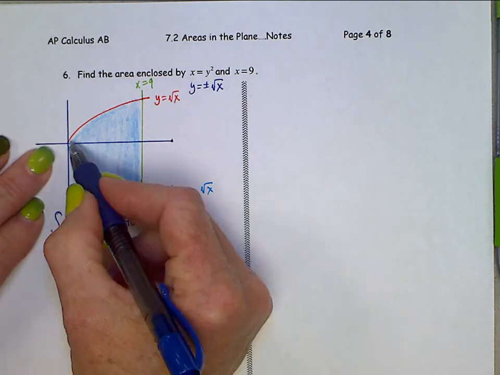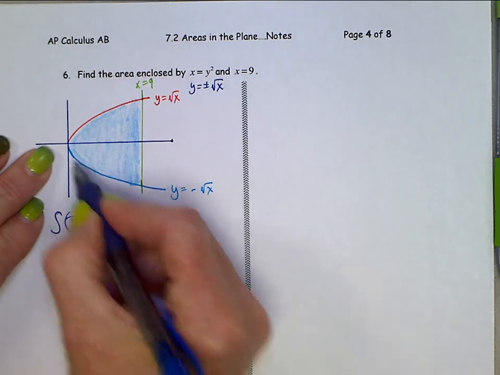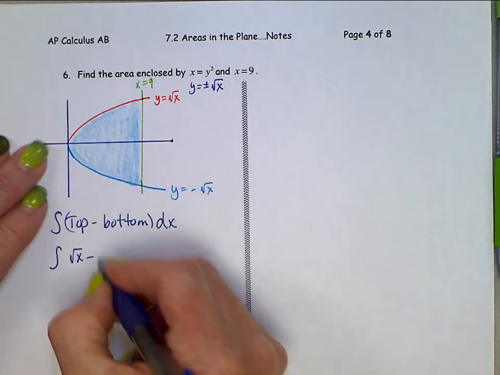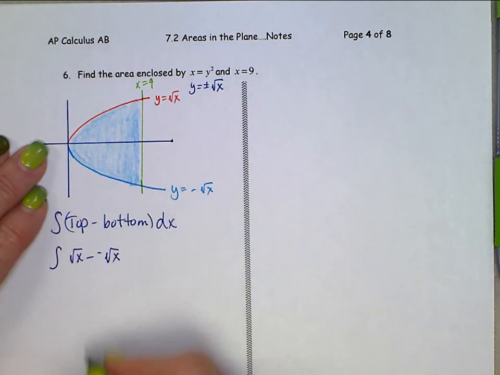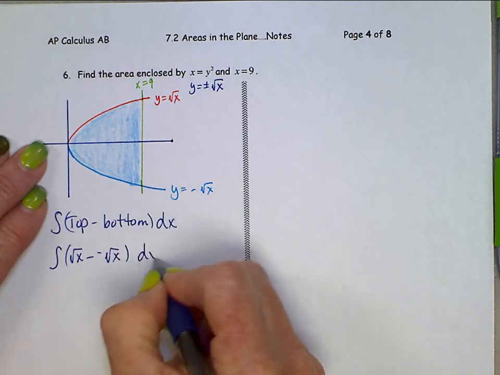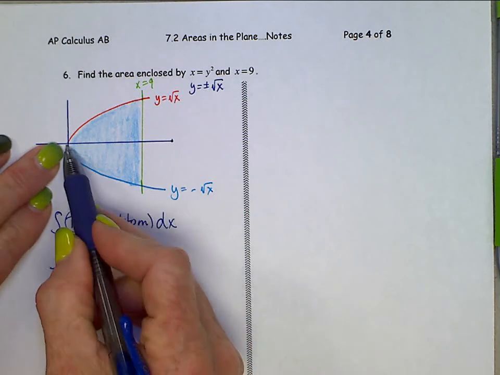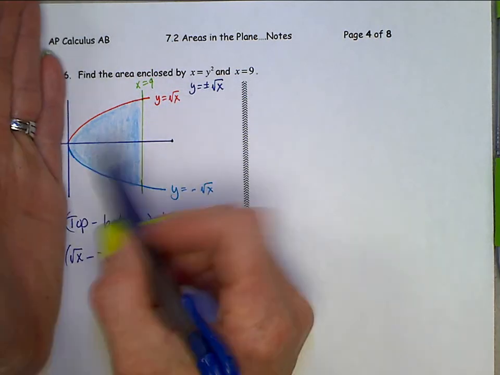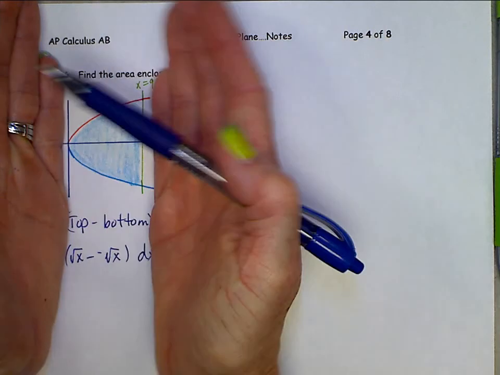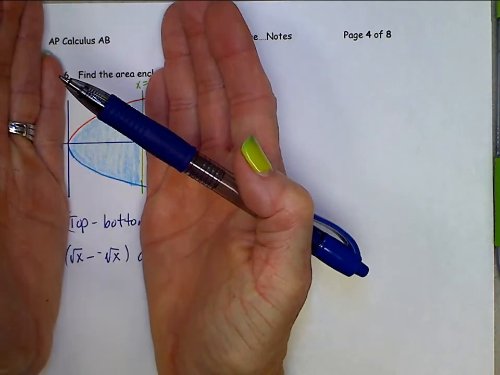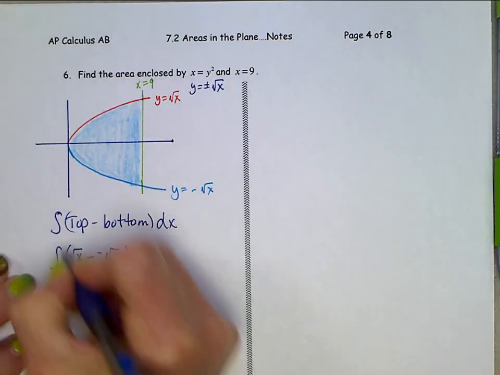The bottom one is this blue one down here, which is negative square root of x. dx bounds from where we start area, at 0, to where we stop area, out here at 9, so your bounds are going to be 0 to 9.